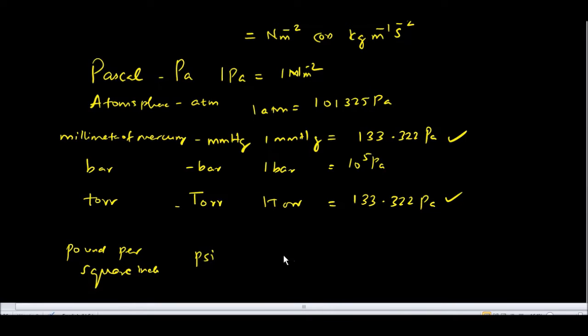Most commonly, for checking the air in the tires of our two-wheeler, four-wheeler, and motorcycle tires, they are using this particular PSI, pound per square inch. 1 PSI is equal to 6894.76 pascals. So just know the relationship between the Pascal and Newton meter power minus 2.